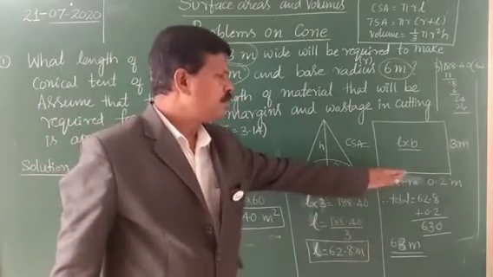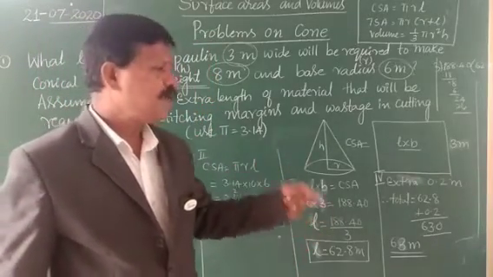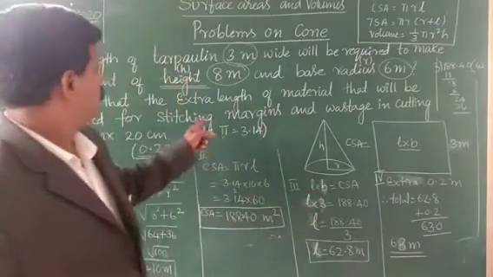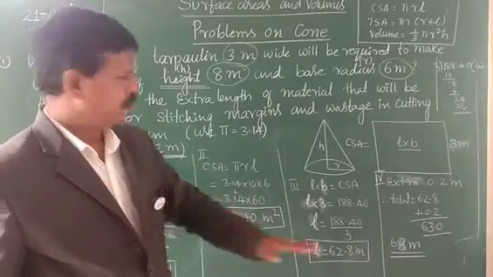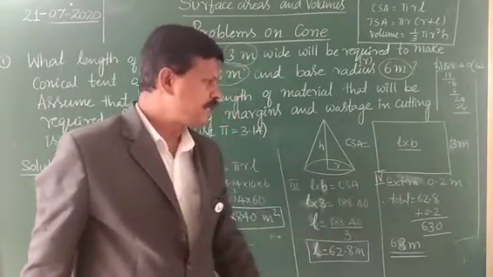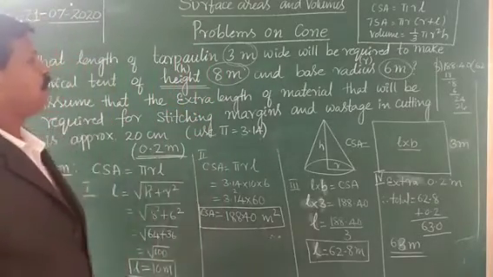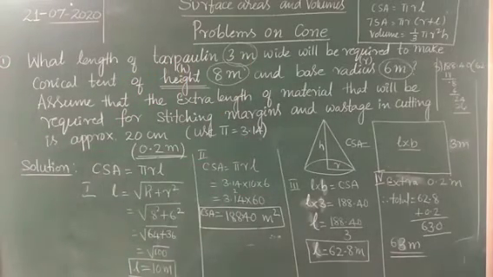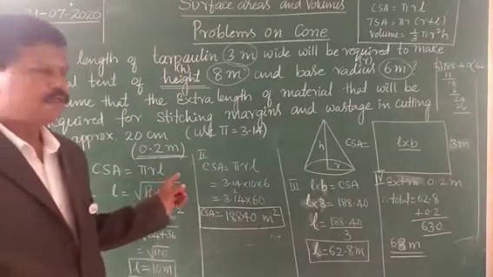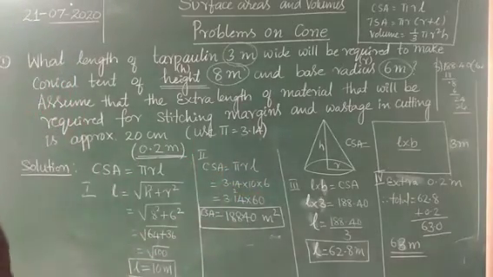To this we should add 0.2 meter extra length, that is the extra length required for stitching of margins and wastage in cuttings. So total 63 meter of length of tarpaulin is required to construct this conical tent. Clear this? So go through it step by step and work it out 2 or 3 times, then you will know the problem.